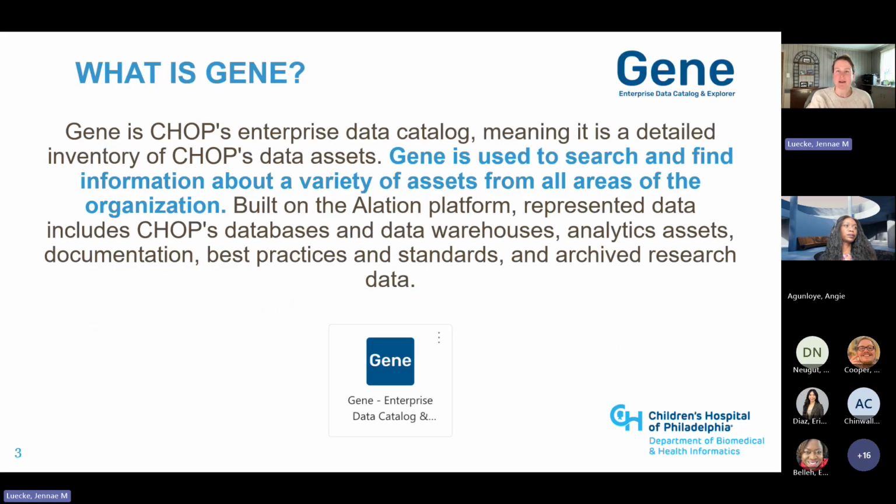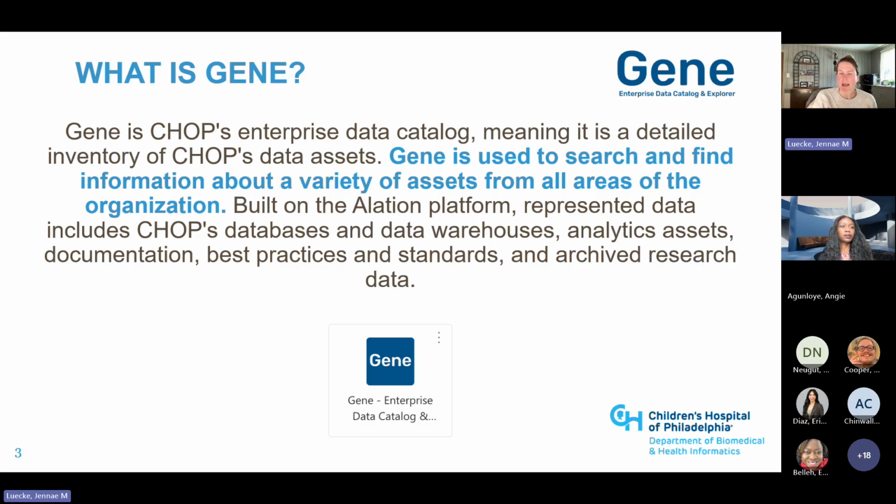So what is Gene? If you're not familiar with Gene, it's CHOP's Enterprise Data Catalog, meaning it is a detailed inventory of CHOP's data assets. It is used to search and find information about a variety of assets from all areas of the organization, including CHOP's databases and data warehouses like Helix and Clarity, analytics assets such as Qlik Sense dashboards and reports, documentation, best practices and standards, and archived research data.